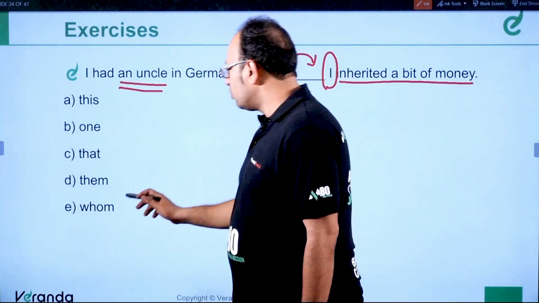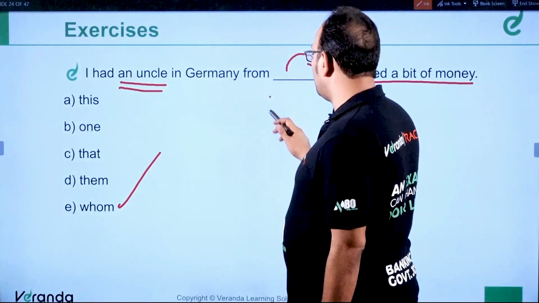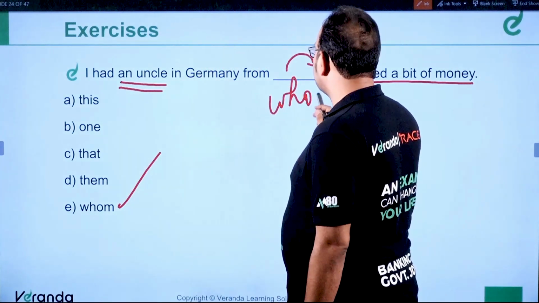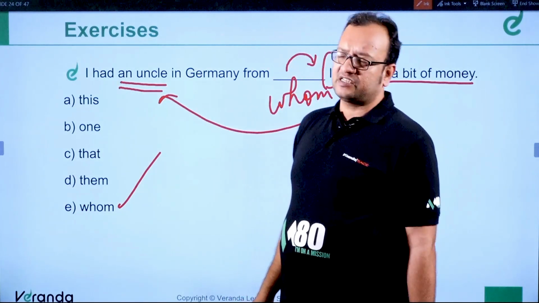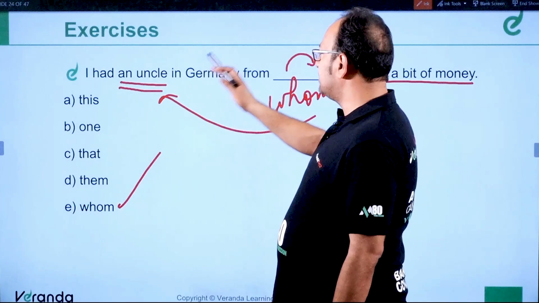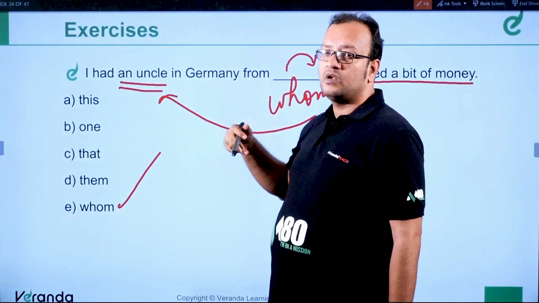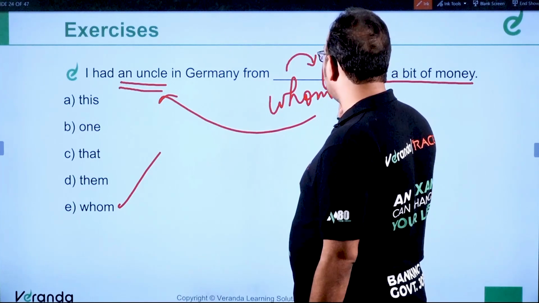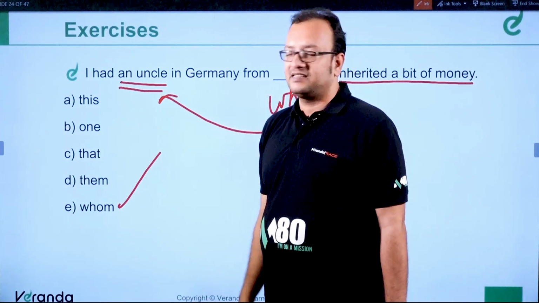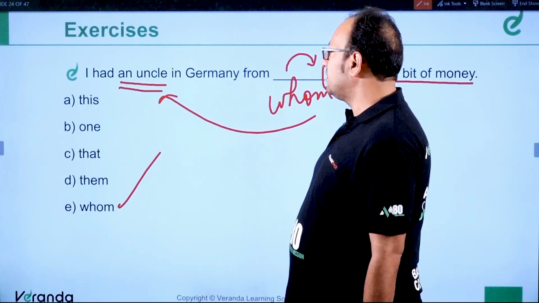So it should be whom, because the antecedent becomes the uncle, who is the receiver of the action. See, I had an uncle in Germany from whom I inherited a bit of money. So I becomes the subject. So whom is the best option over here. Clear? Relative pronoun. Moving ahead.